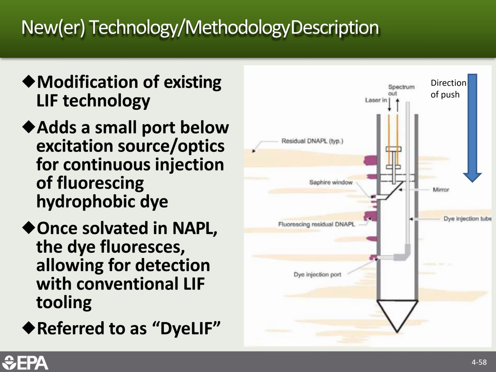As you keep pushing this down, this little sapphire window will come across from this zone here. The laser will hit the dye, it will fluoresce, and then the data will go back up to the equipment in the trailer. And so you can get very detailed information.